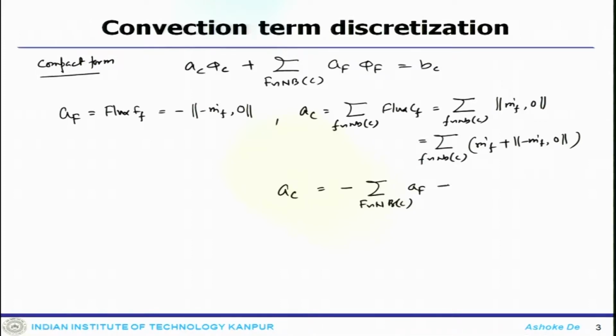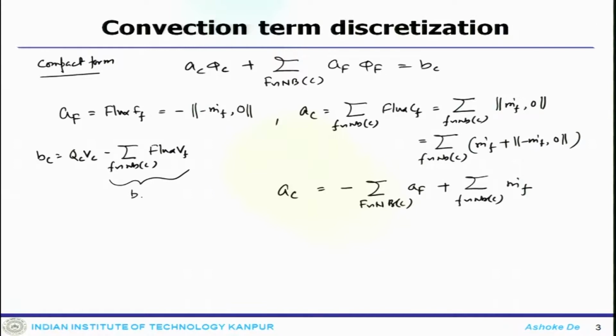So, A_f plus summation over nb(c) of m dot f, that is what A_c is, and the source term which will look like q_c V_c minus summation over all the faces of flux V_f. So, essentially we will have the correction term due to deferred correction.